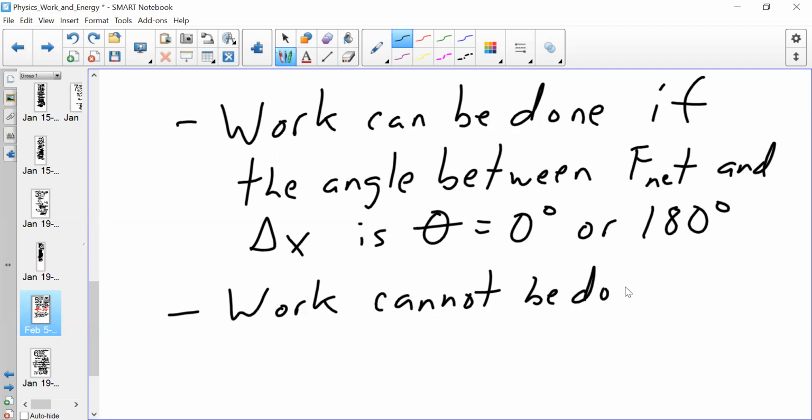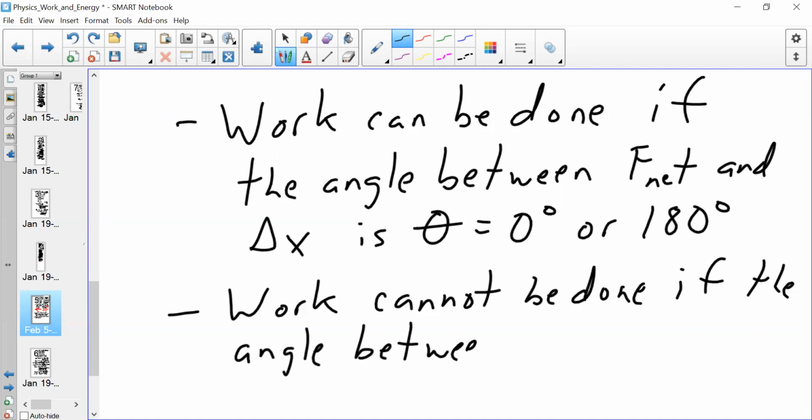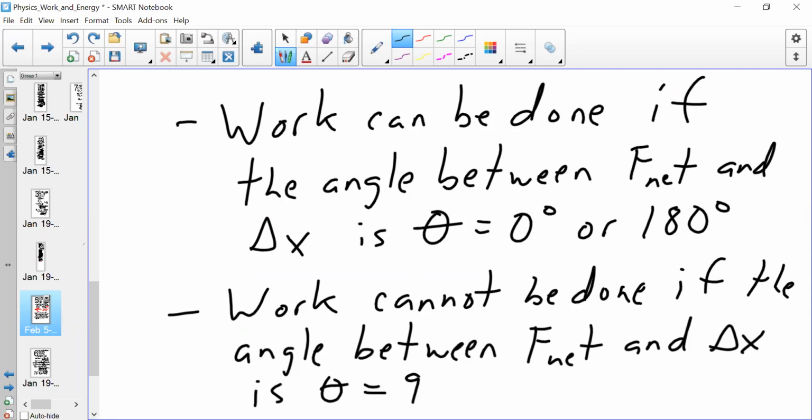Work cannot be done if the angle between F net and delta x is 90 or 270, because it goes back to the equation for cosine theta.